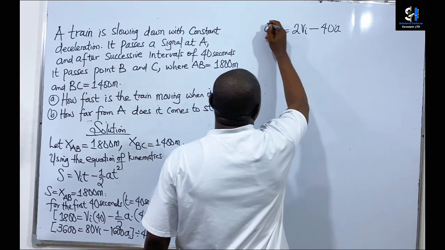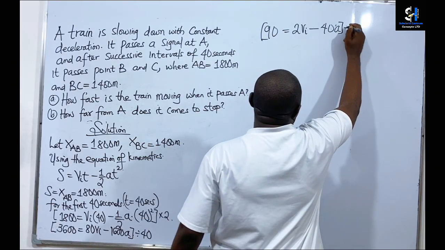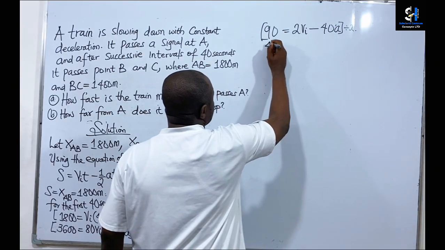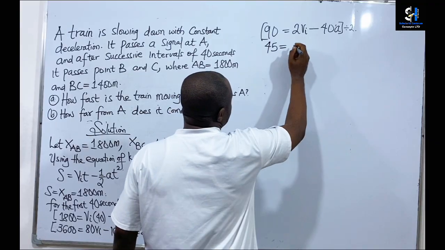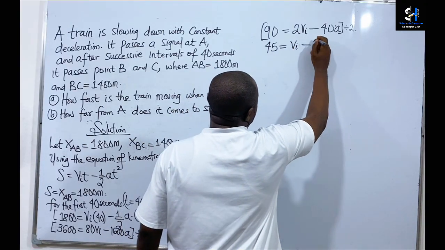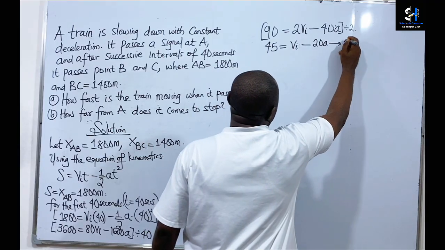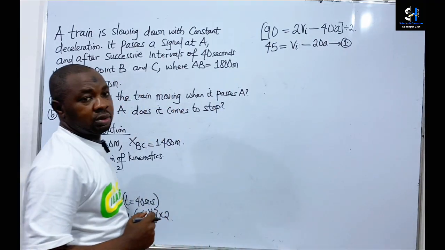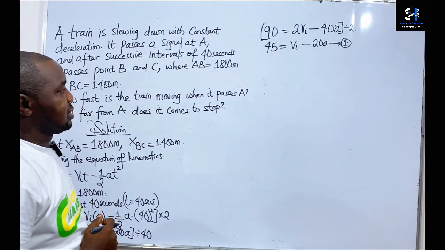I will again divide this equation by 2, and this will be 45 equals VI minus 20A. I'm going to call this equation 1. So that's the first equation.